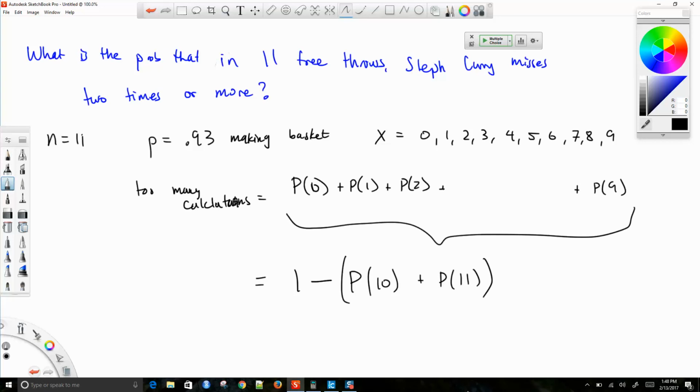There's no other possibility as far as how many baskets you make. So if we want everything from 0 to 9 added up, instead of doing all of the calculations for 0 to 9 and adding them up, I can just do the calculations for 10 and 11, add those up, and subtract that from 1, because one of those possibilities has to happen. So that's the binomial distribution, and you guys have a quiz on it tomorrow. So good luck.